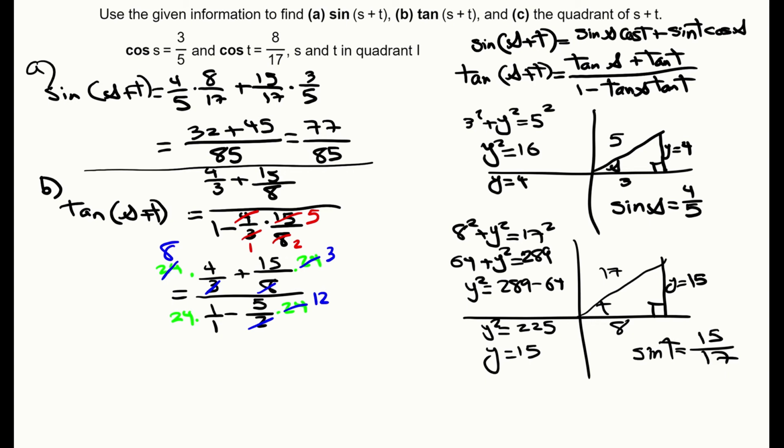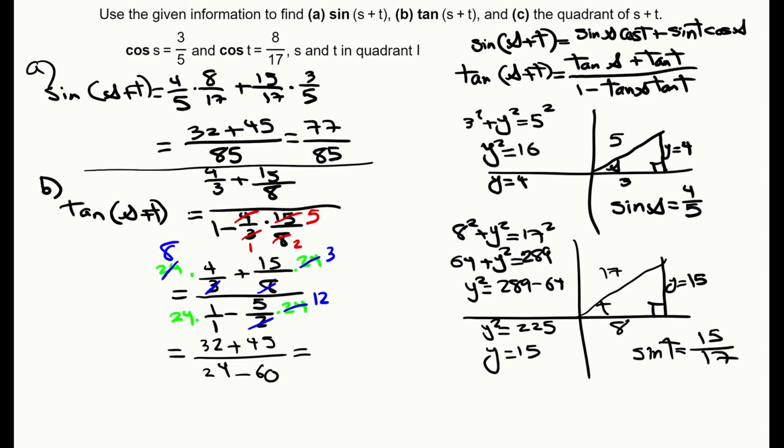So let's see what we have now. So we have 32 minus 40, plus actually 45, over 24 minus 12 times 5, which is 60.